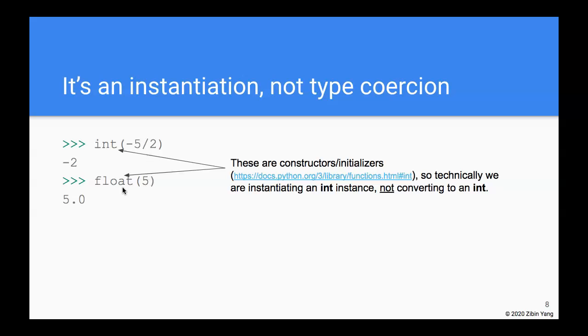By the same token, we are instantiating an instance of a float object given the integer object here. And if you're not convinced by what I said, you can check the documentation on, for example, int, and it will tell you this actually constructs an integer object.